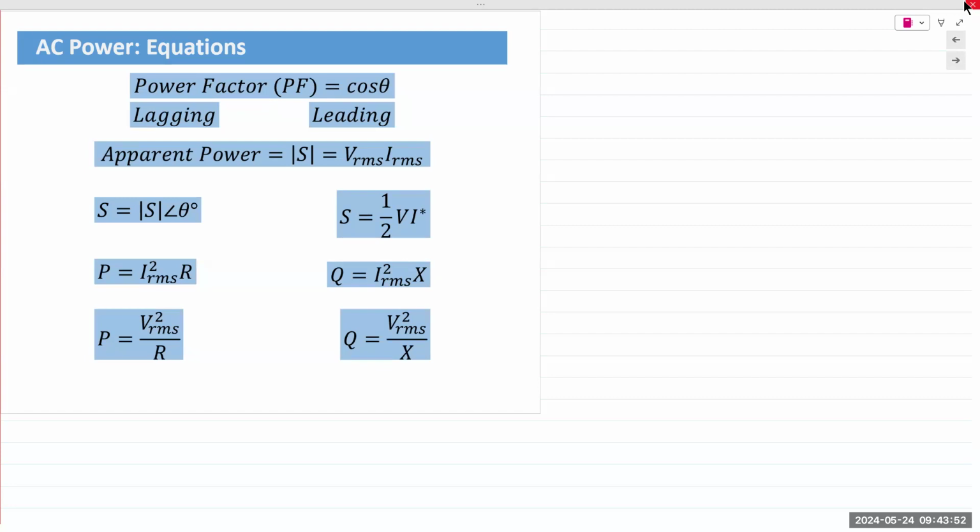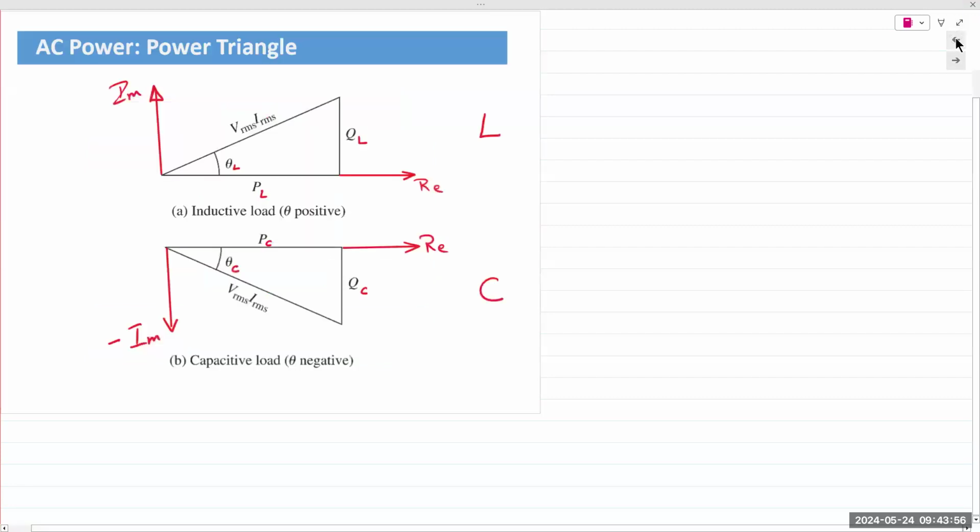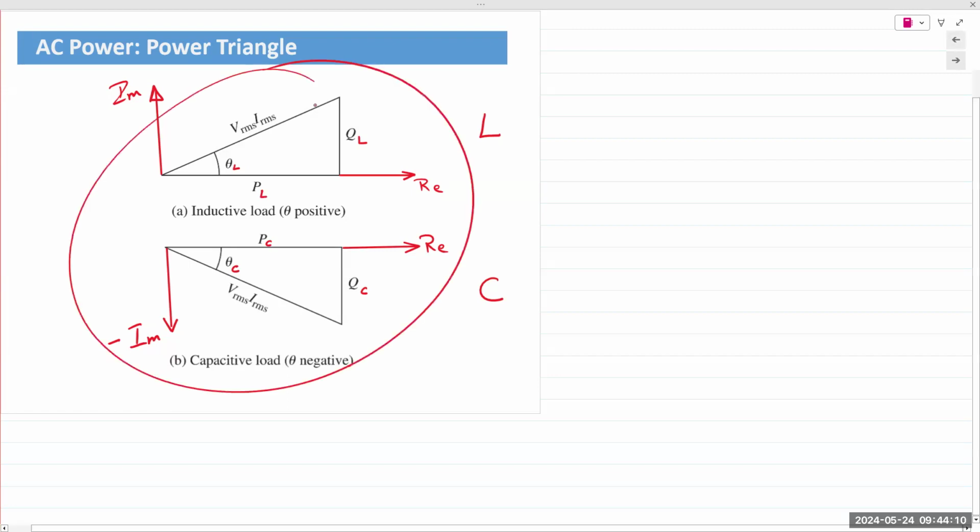Okay. Remember, the goal is, and I'll go back to this triangle right now. What is the goal? Our goal is that the reactive power required by the inductor should be as small as possible. Okay, this is from the point of view of the source.